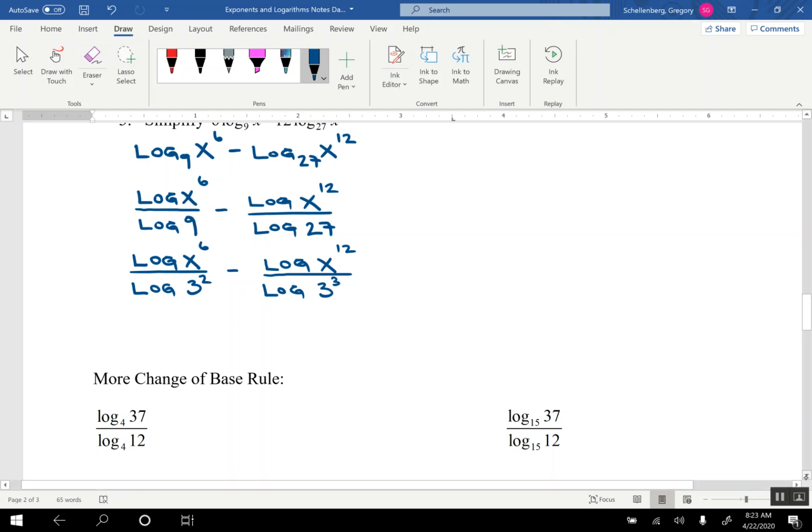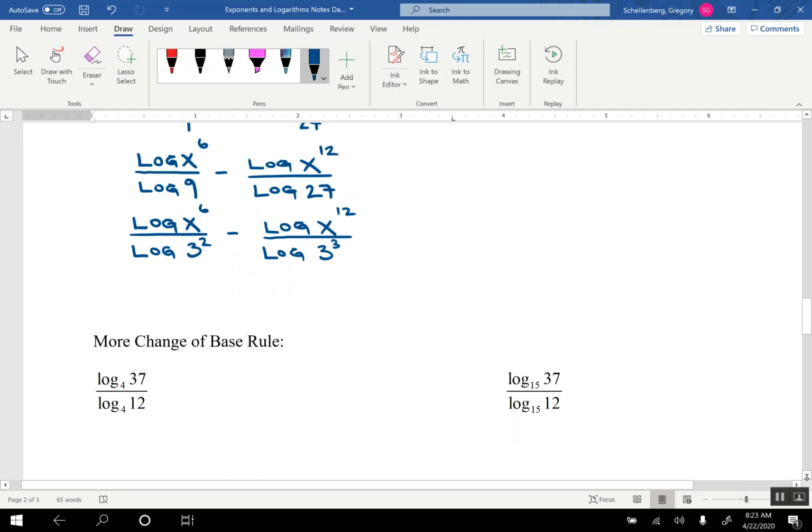Now, from here, let's use power law. Let's move all 4 of those exponents out in front of the logarithm as coefficients. So the log of x to the power of 6 becomes 6 times the log of x. The log of 3 squared becomes 2 times the log of 3.